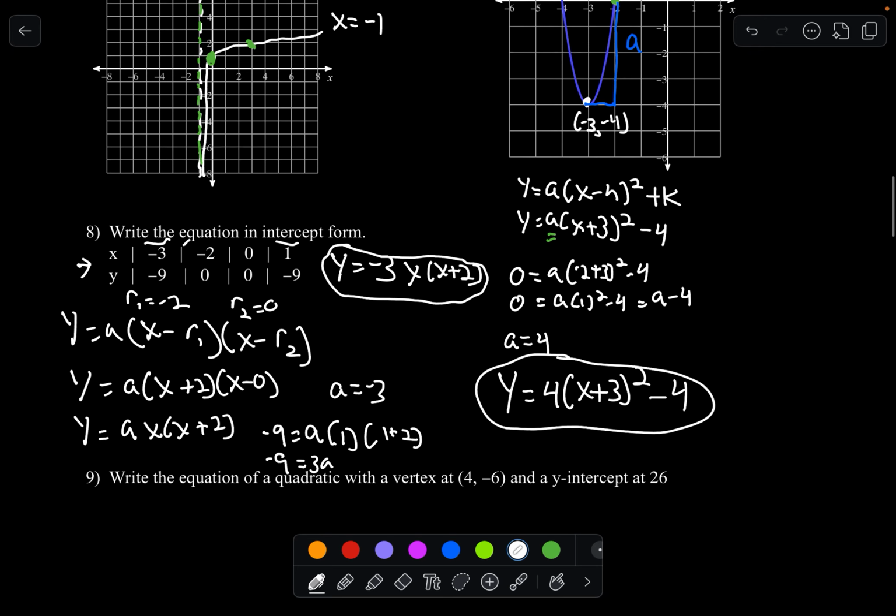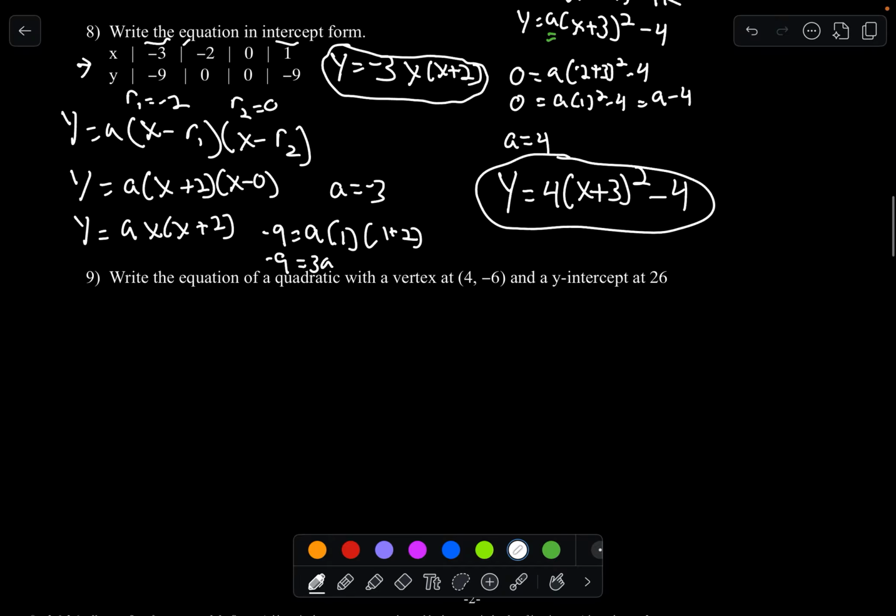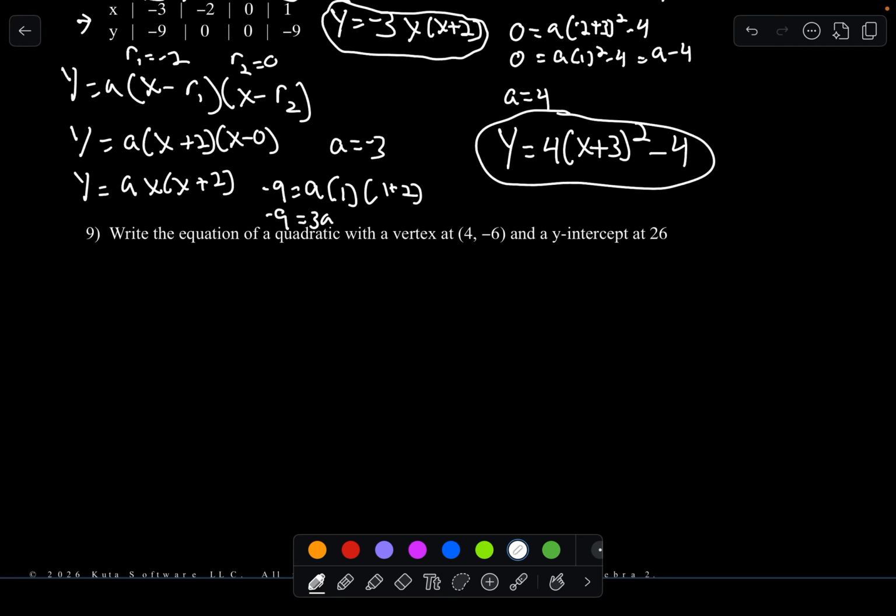All right? Number 9 says write the equation of a quadratic with a vertex at (4, -6) and a y-intercept of 26. So this is going to be y equals a times (x minus 4) squared, that's the x value of the vertex, minus 6. That's vertex form. Now we need to figure out what a is.